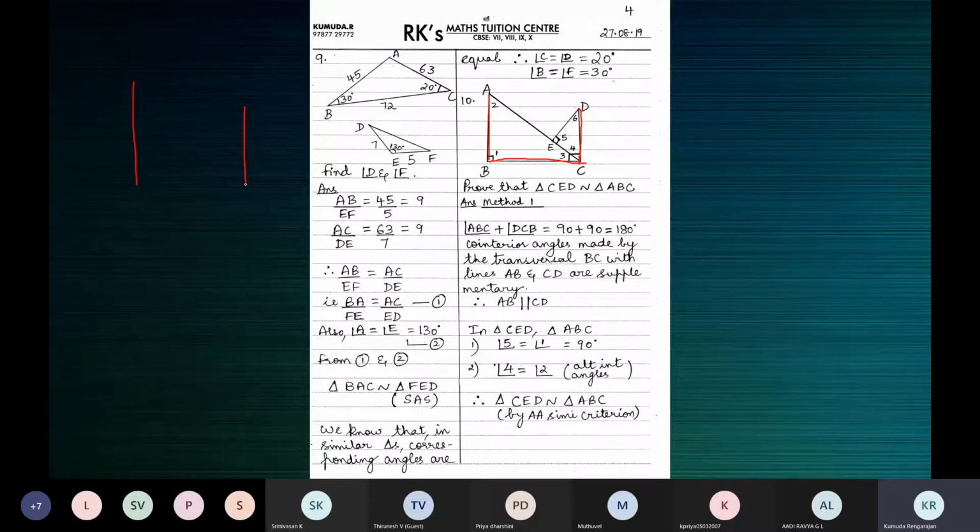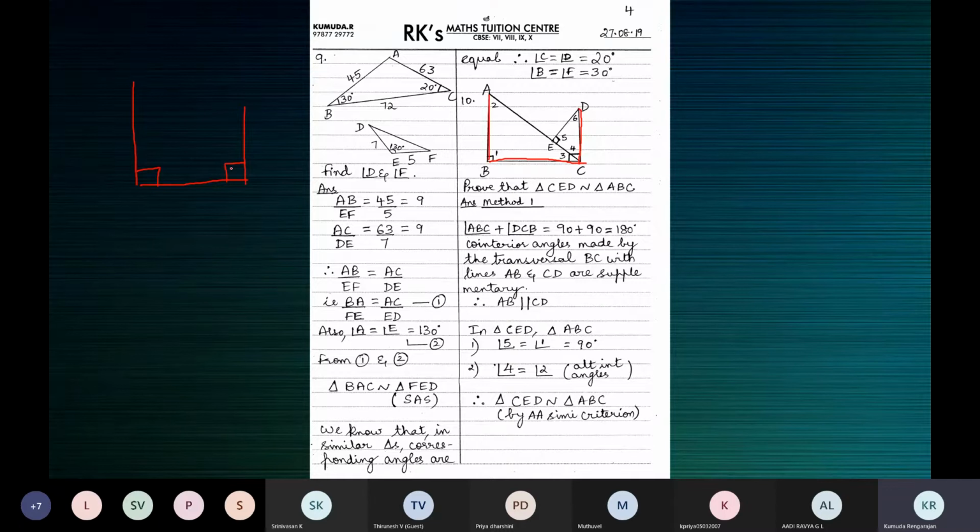So we have two lines intersected by a transversal such that co-interior angles are supplementary. 90 plus 90, 180. Co-interior angles are supplementary. That means these two lines must be parallel to each other.